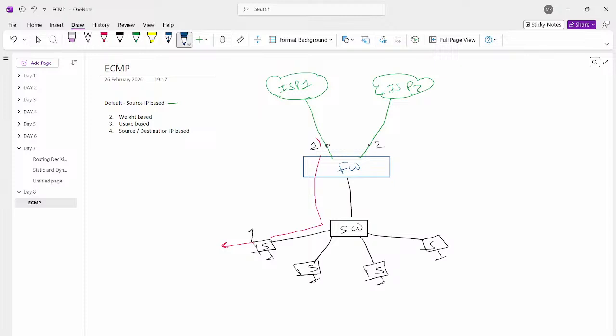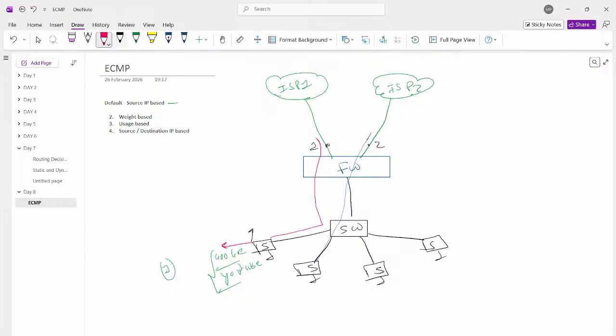Then second user, if he is initiating traffic and FortiGate decided his traffic should go from ISP2, then wherever he goes, his traffic would always be going to ISP2 only. It is not like if he is going to Google or he is going to YouTube, wherever he goes across the internet, his traffic is always passing via ISP1 only. Same thing happens for the second user also.